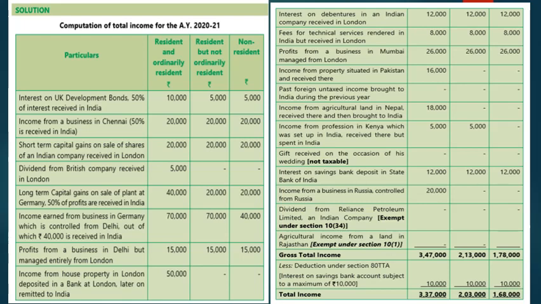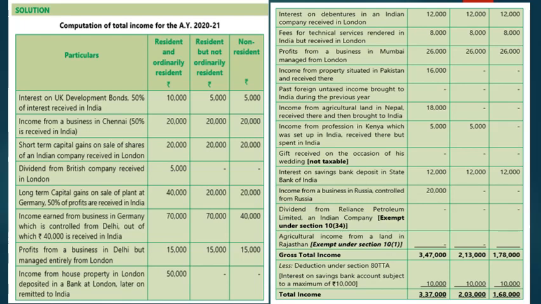Because if it is spent in India, that is not a matter. Whether it is received in India or due in India, that is considered. Spent in India, later transferred to India, etc. are not considered. That is why it is not taxable to the non-resident. If it is received in India, then it will be taxable to the non-resident also.